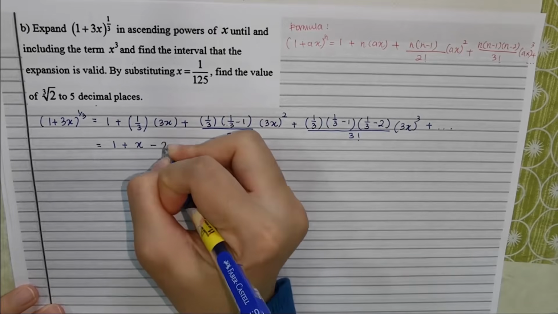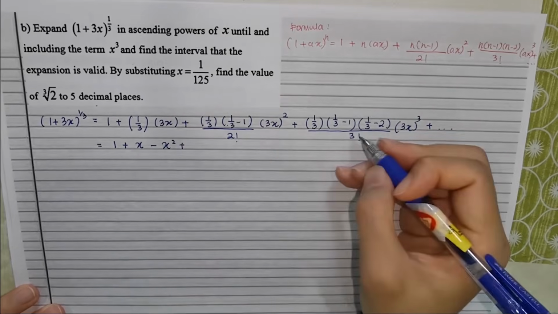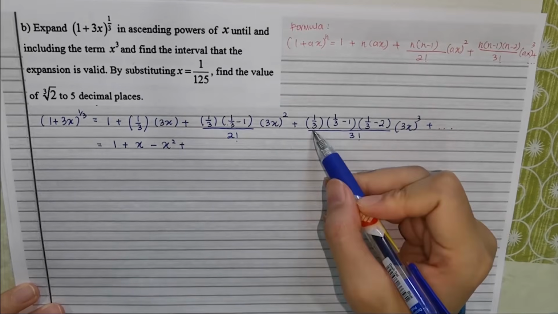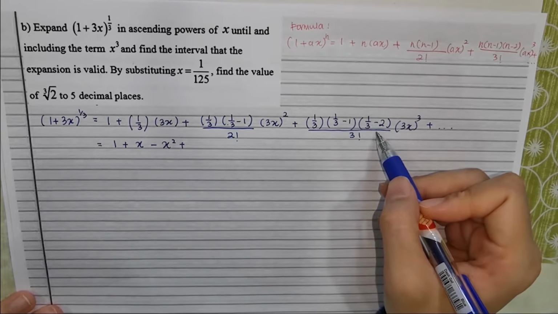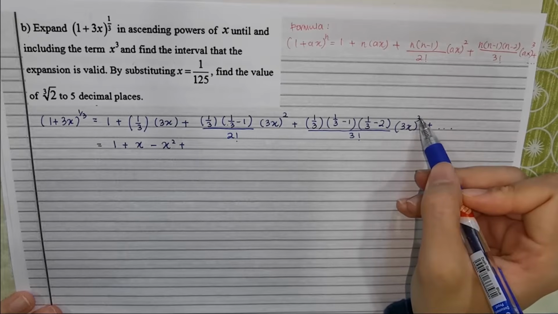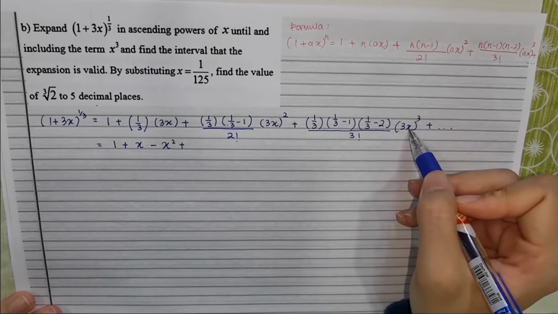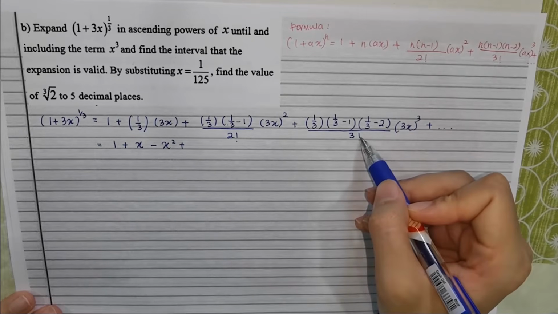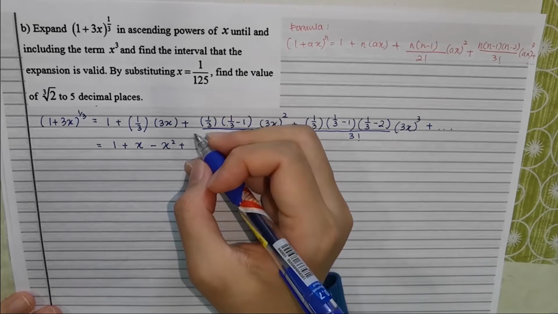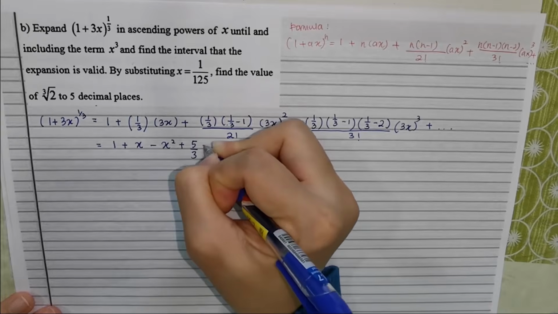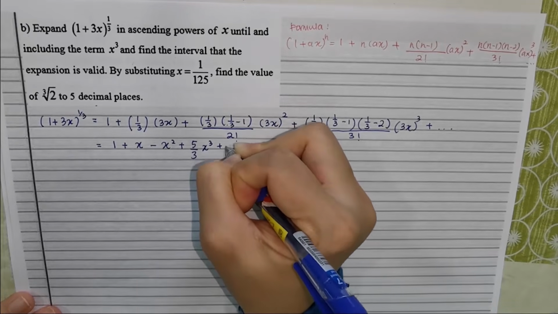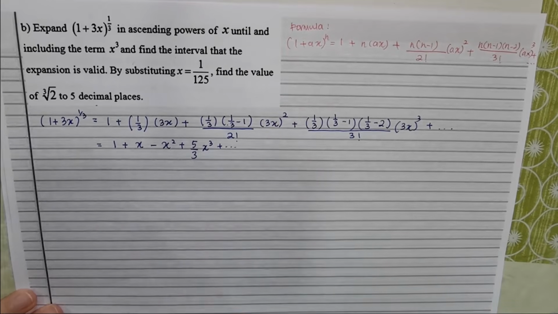Minus x squared. Then for the fourth term, 1/3 times negative 2/3 times negative 5/3 times 3 cubed, which is 27, x cubed, over 3 factorial, which is 6. So overall we get positive 5/3 x cubed plus the triple dot at the end.